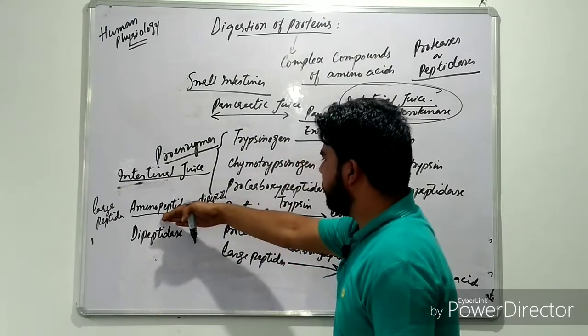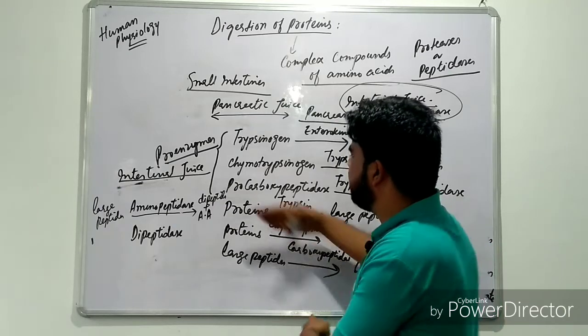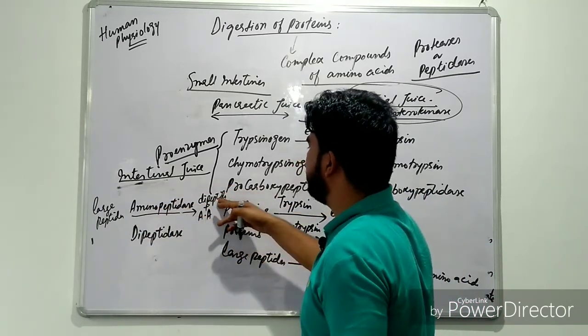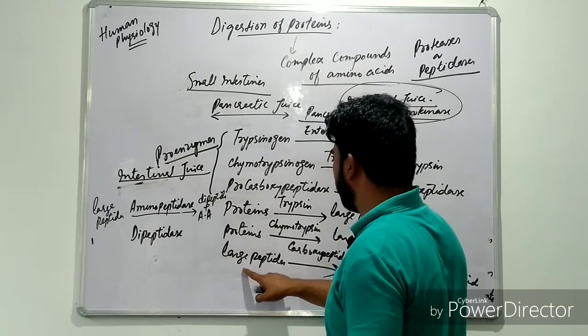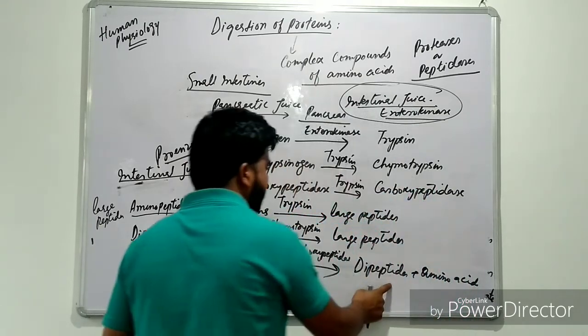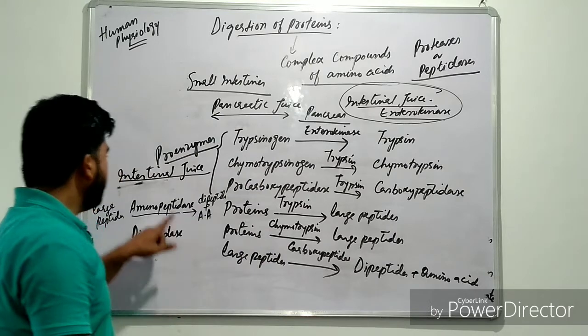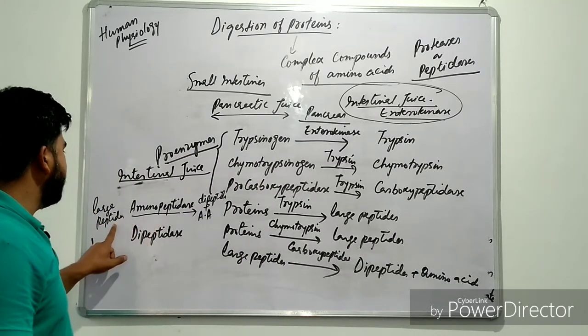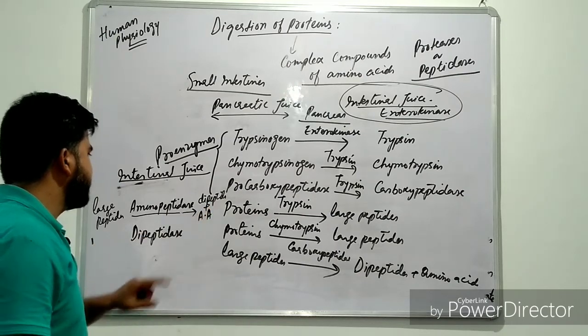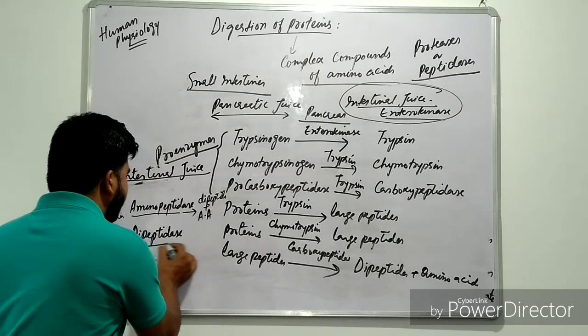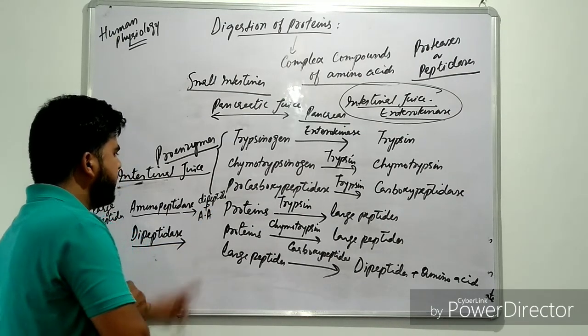So at this moment, all the large peptides have been converted into dipeptides and amino acids. Carboxypeptidase has converted a certain proportion of large peptides into dipeptides and amino acids. Now aminopeptidase is converting another proportion of large peptides into dipeptides plus amino acids. Now what does the dipeptidase enzyme do?